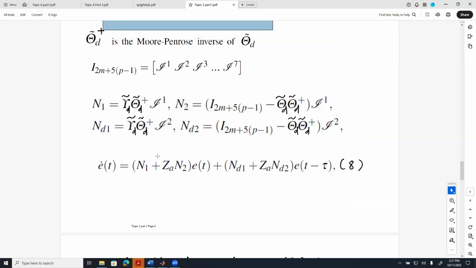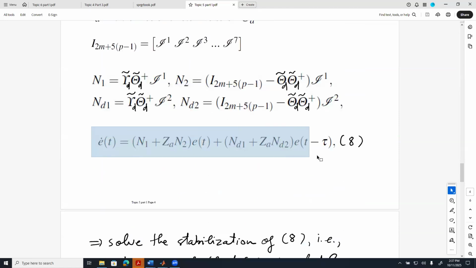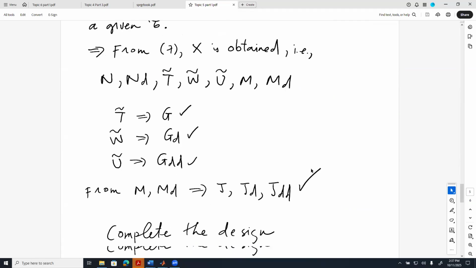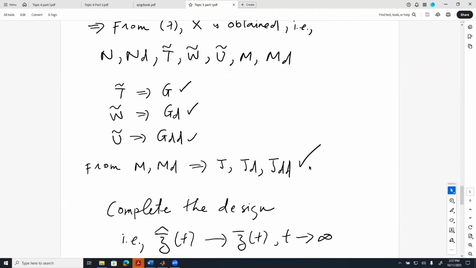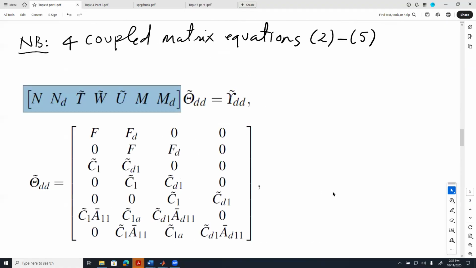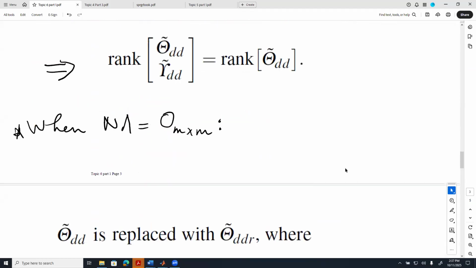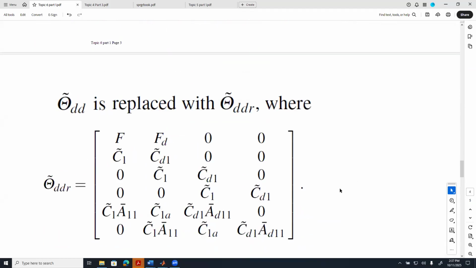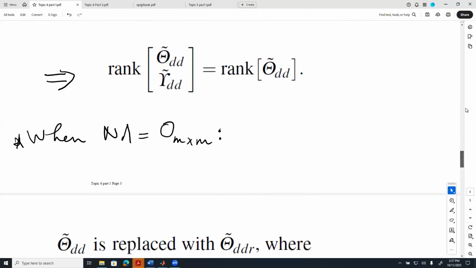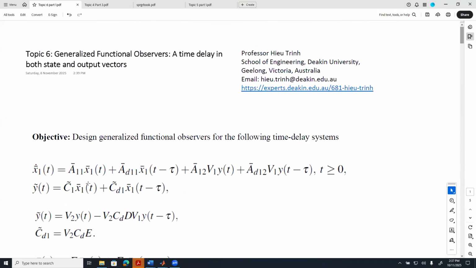And if it is possible to stabilize the observer error dynamic equation, then the rest of the parameters can be obtained. Okay, so that's basically the discussion for designing generalized functional observers to estimate the generalized functional of this time delay system.